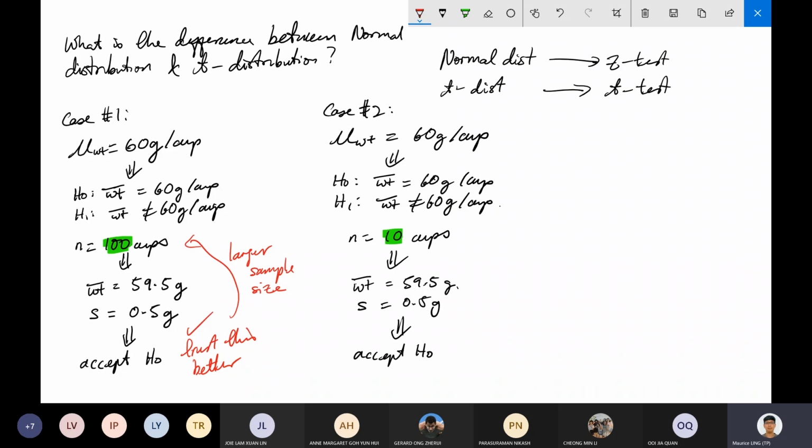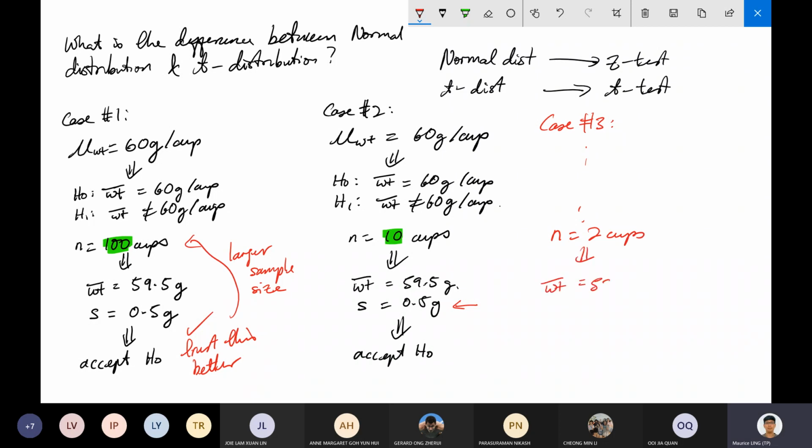Okay. But is case 2 doing okay? Now, what is the smallest n for which I can calculate standard deviation? Can I even have a case 3 that does the same thing, except n, they use the minimum, 2 cups. And the result is also the same.